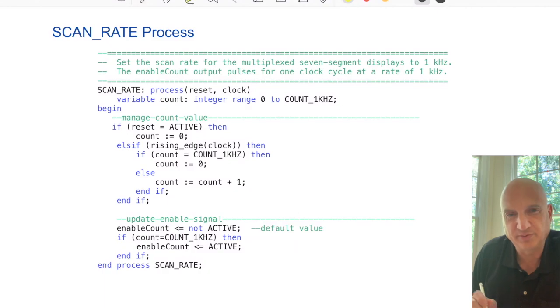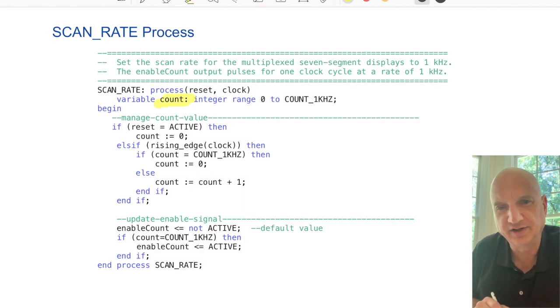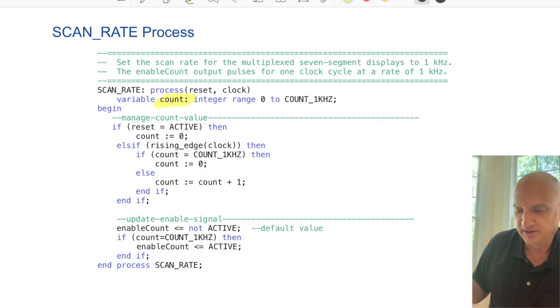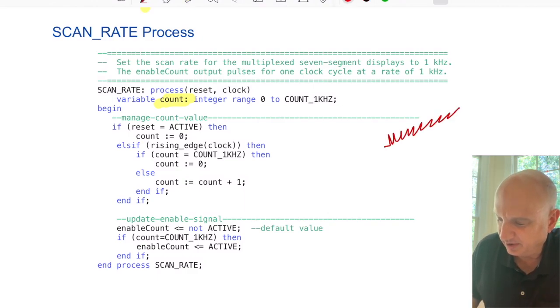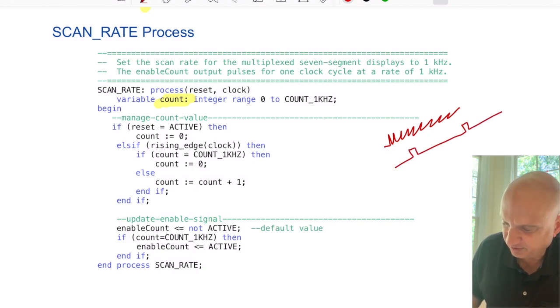Now, the scan rate process basically creates an internal variable called count that keeps track of the frequency. Remember, the scan rate is the one that's generating this: with a clock frequency coming in like this, it generates this pulse every 1 kilohertz, right? So that's the purpose of the scan rate generator.